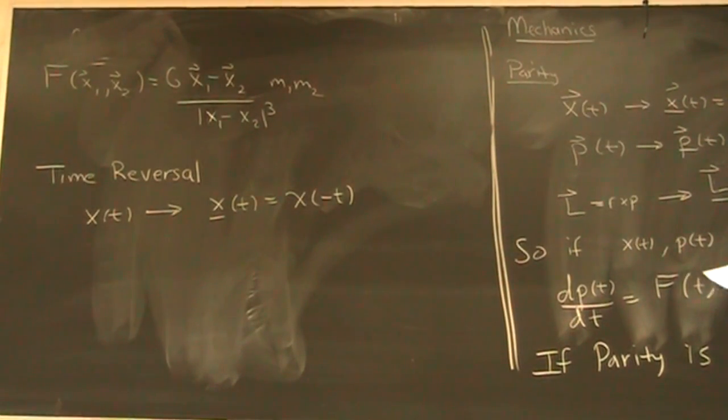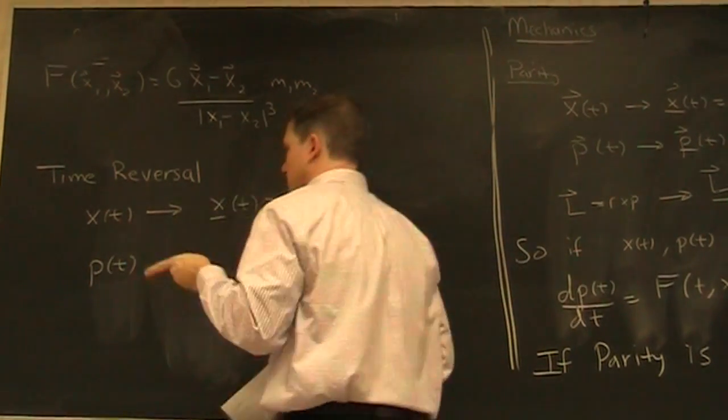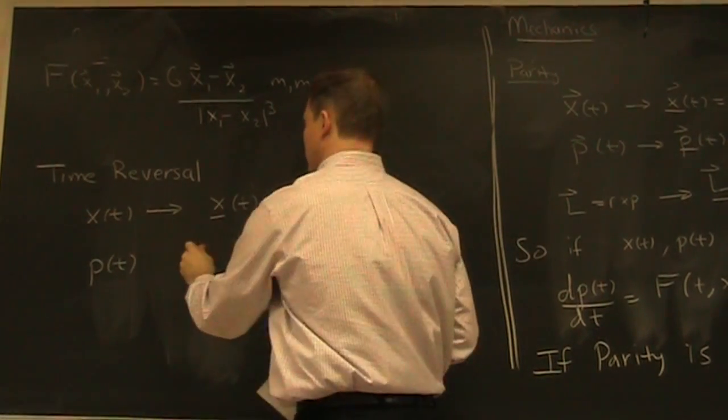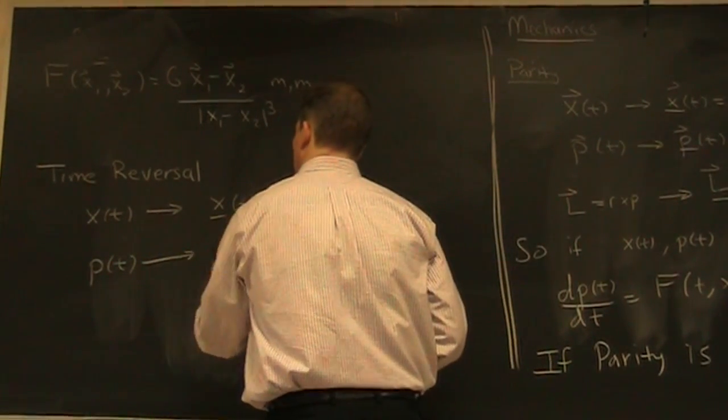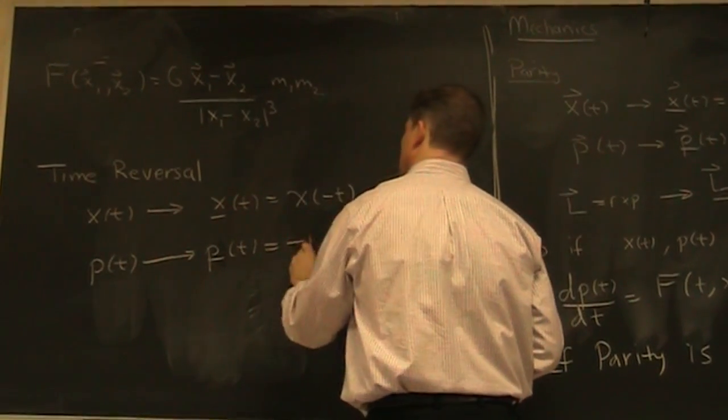The same thing with the momentum p of t, except think about reversing time, and the velocity flows in the opposite direction. So you would get a new momentum, which is minus p of minus t.